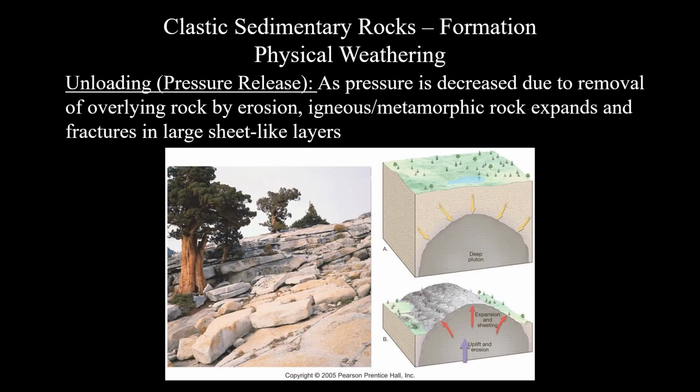As certain rocks are exposed at the surface, for example, if you've ever had the great chance of going to see Yosemite Valley, I grew up in Fresno, California, which is only about 45 minutes from the gates of Yosemite. Yosemite has these really unique rock features. The granites of Yosemite appear to be peeling like an onion. You can see the image on your left, where you can see these distinct layers that are fracturing off and sliding down the hill.